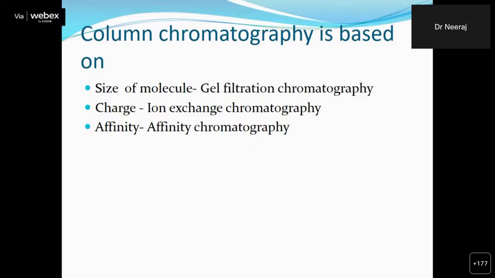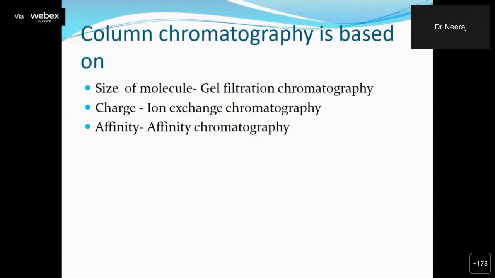They will bind to particular specific substances, and ultimately that particular enzyme can be separated out, or any amino acid. This is called affinity chromatography.